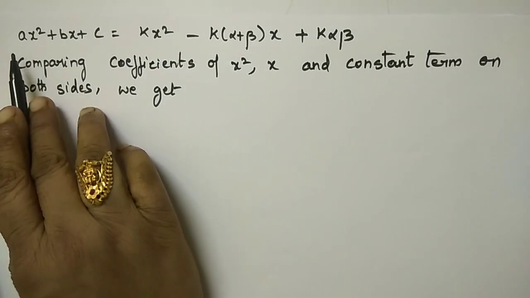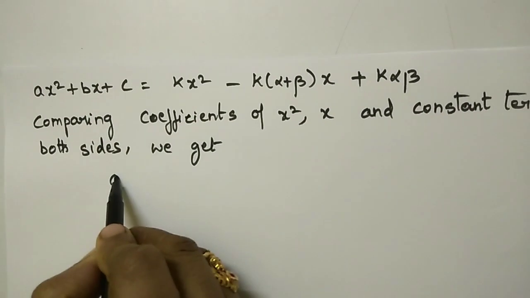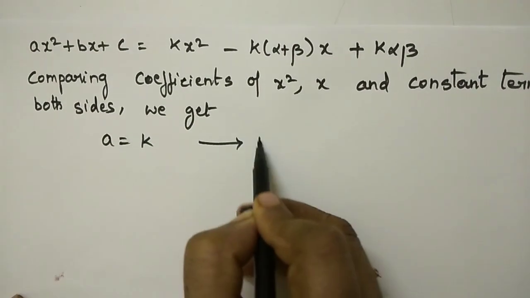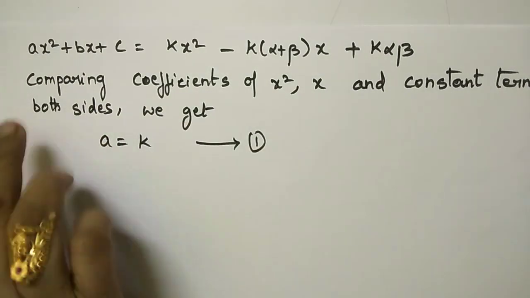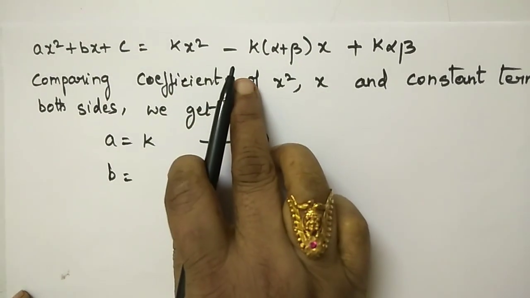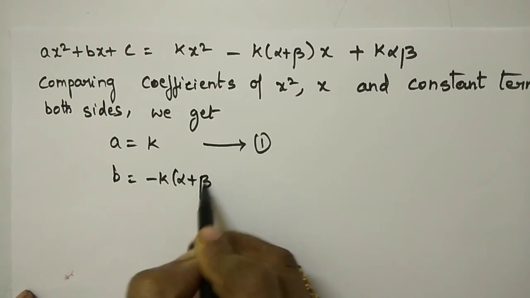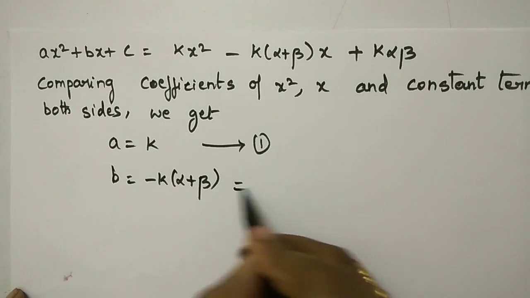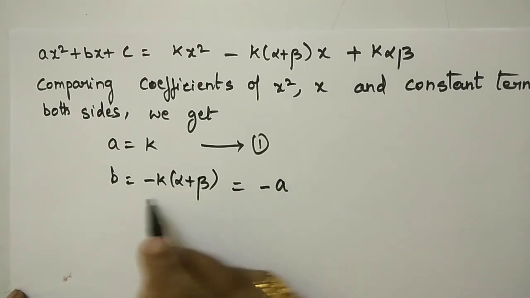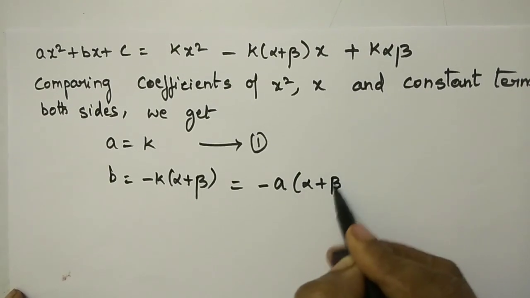See, coefficient of x square is a, here it is k, so this becomes a equal to k, let it be 1. Here the coefficient of x is b, here it is minus k into alpha plus beta. K is nothing but a, is it not? So replace k with a into alpha plus beta.